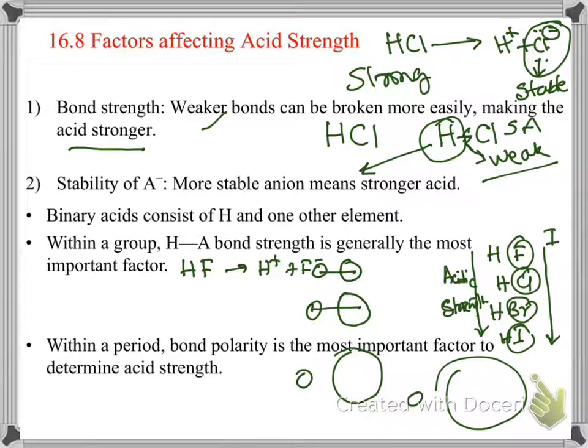So this size mismatch makes the bond weaker. And if the bond becomes weaker, hydrogen can ionize easily. So in a period, compare the electronegativity. In a group, compare the size.